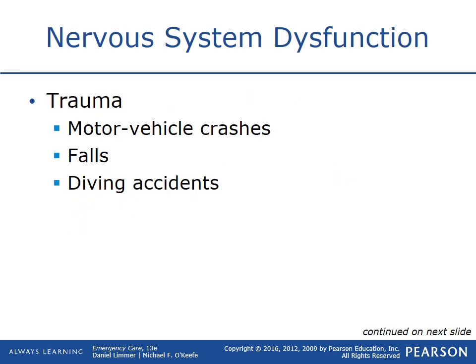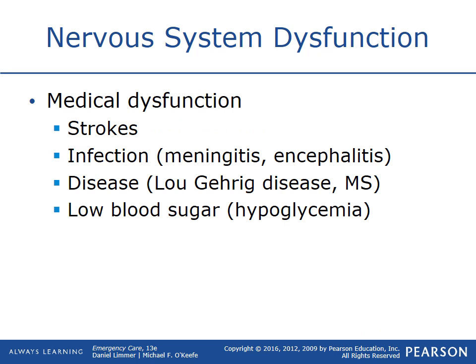So you can have a trauma to your brain or spinal cord from motor vehicle crashes, falls, or diving accidents. And if that happens, that you have an injury to your spinal cord, you're going to disrupt the ability of the brain to send signals to the rest of the body. You can also have a medical dysfunction of the brain or spinal cord, such as a stroke.